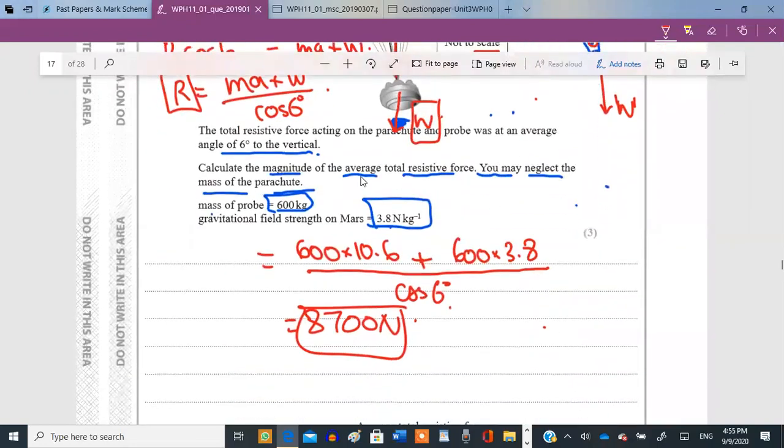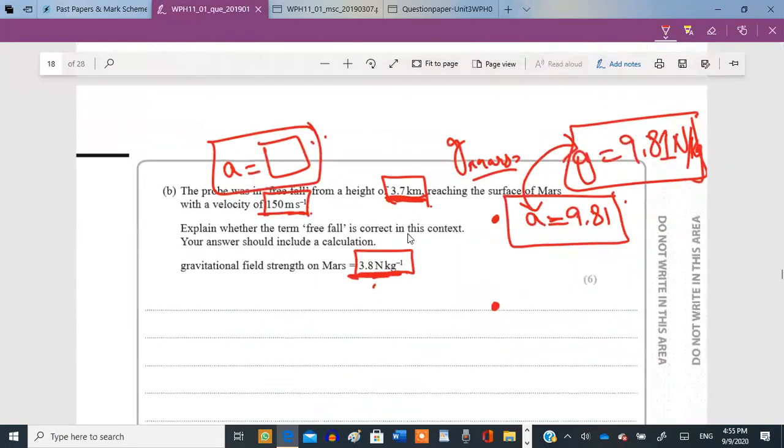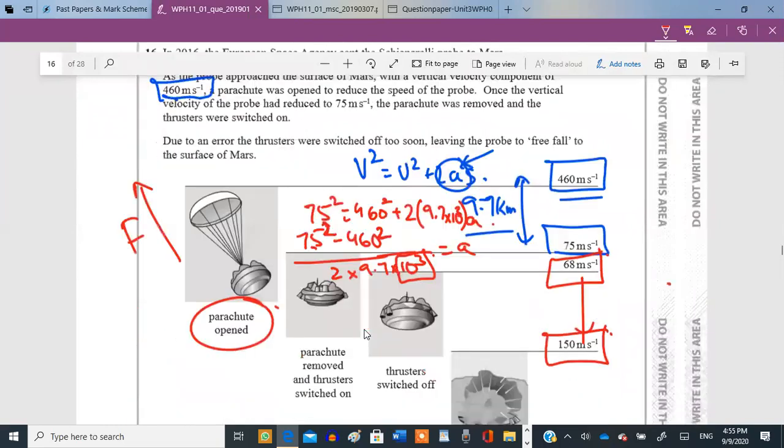Where is the height? Okay, it's in the next part. It's 3.7 kilometers. The final velocity is 150 meters per second. The initial velocity is 68 meters per second.